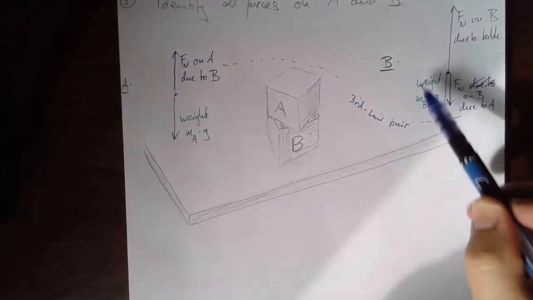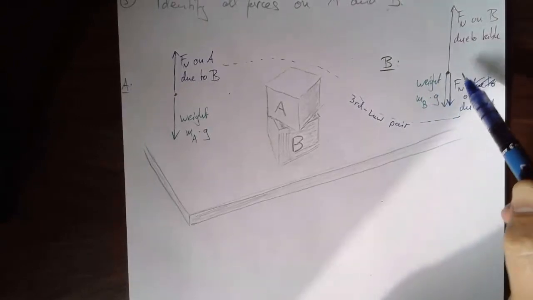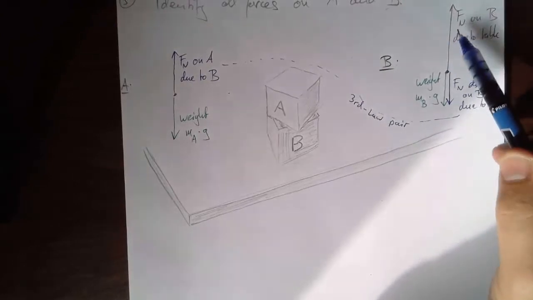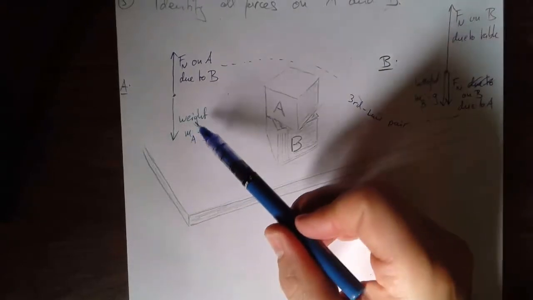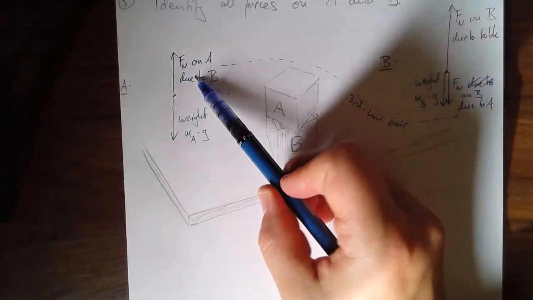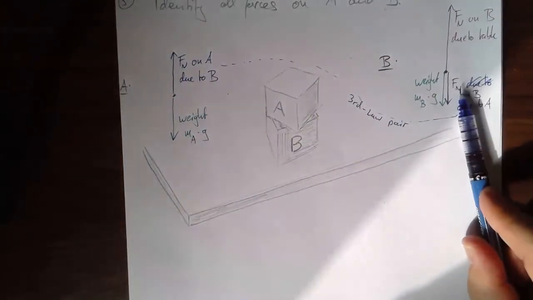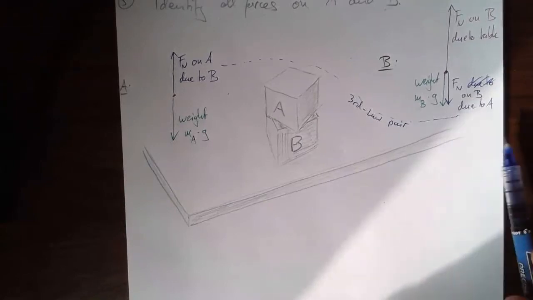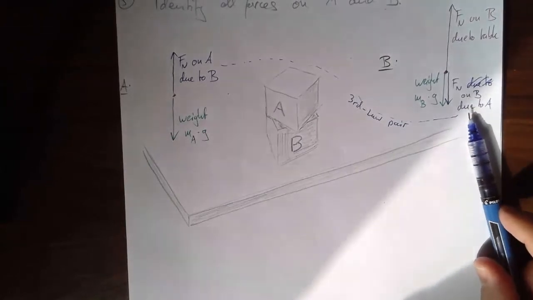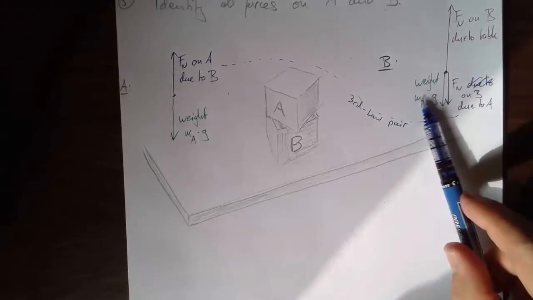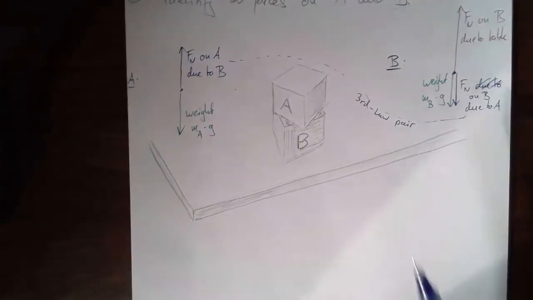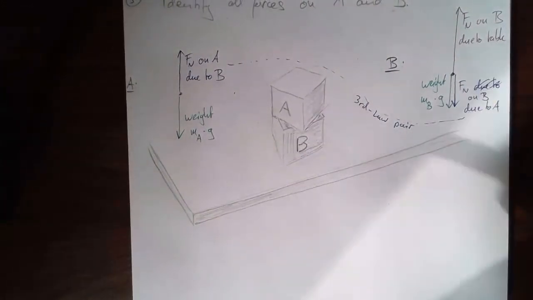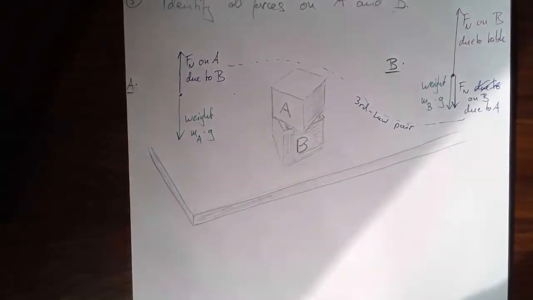And then this one is equal to the sum of those two. The ultimate result is that just numerically, this one is equal to the sum of the two weights. But the chain of logic is this weight is equal to this, or A would be falling. This is equal to this, because they're the same interaction, just the two sides of it. And therefore this is equal to this plus this, but this is numerically equal to this, numerically equal to this. So the normal force from the table on B is equal to the sum of the two weights, numerically speaking.